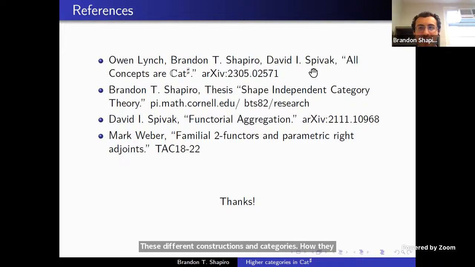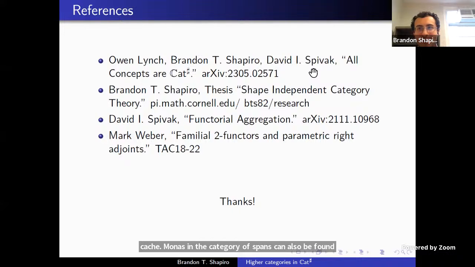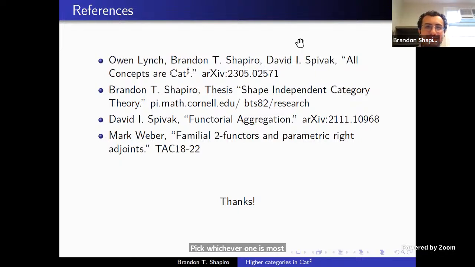Because all three of those you find in cache-sharp. Familial monad algebras are in cache-sharp. So algebras on graphs are in there. Polynomial comonads are the objects of cache-sharp. Monads in the category of spans can also be found in cache-sharp between discrete categories. So we get all of these in cache-sharp, and we have some ways of mediating between them, which would hopefully make it easy to pick whichever one is most convenient computationally. But I don't know how it's been done before.